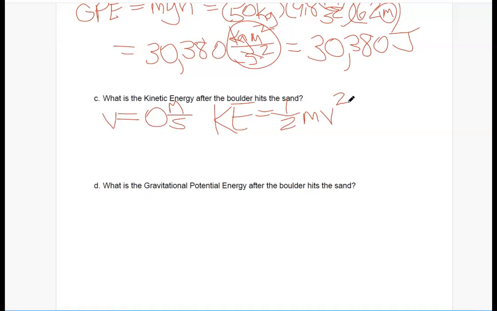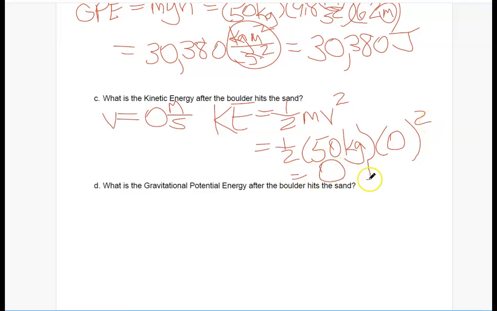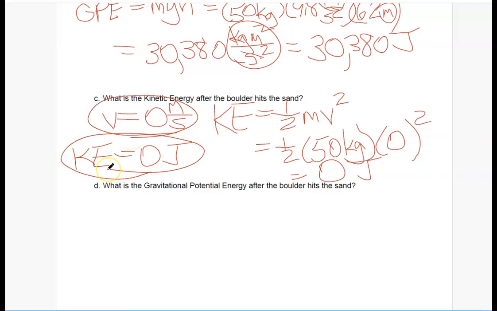Once you put a 0 in for the speed and square it, it's still 0, and the whole thing just becomes 0 joules. Anytime an object stops, the kinetic energy is gone. So if you had just written kinetic energy is 0 joules, that would have been fine. A little explanation would help, saying that the velocity is 0, so therefore the kinetic energy is 0.